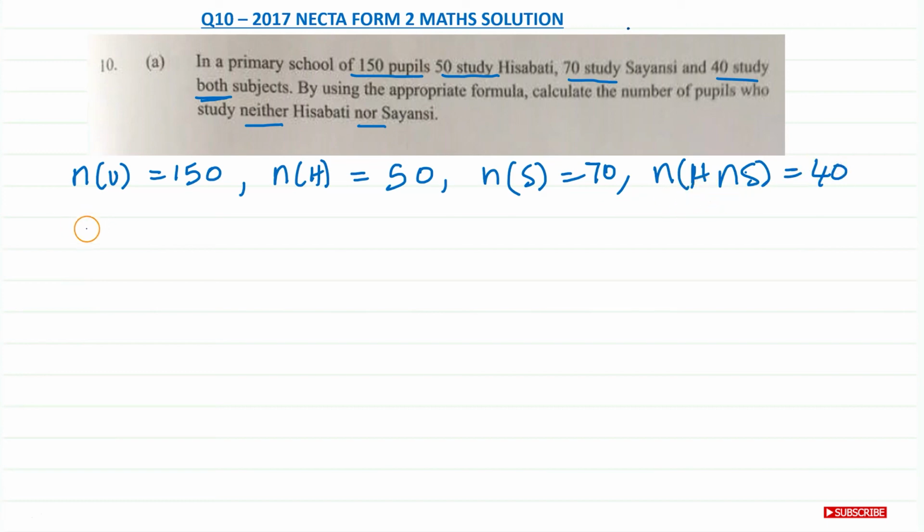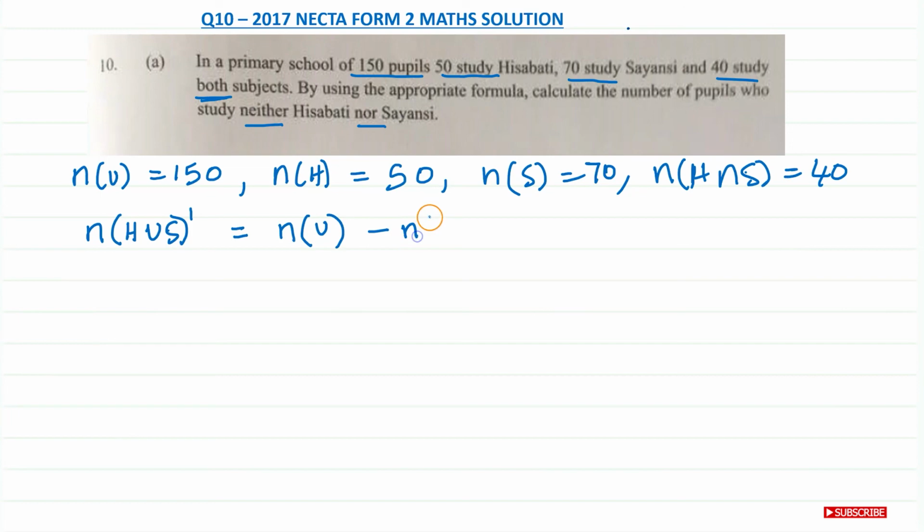So the formula that we need is the number of students who are not doing science or Hisabati. So we use not the intersection, the union, H union S, and it has to be the complement, which is going to be equal to the number of all the elements in the universal set, take away all the students who are taking either Hisabati or science.